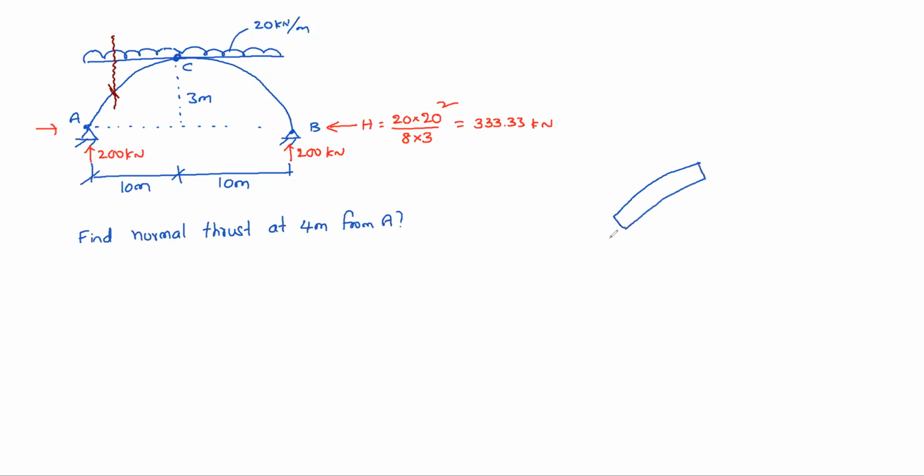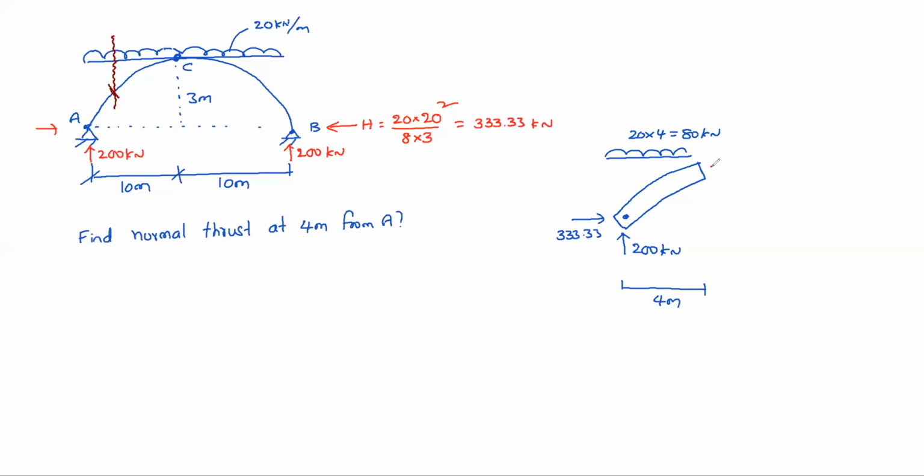For cutting like this, the reactions are like this: vertical reaction 200 kilonewtons, horizontal reaction 333.33, and UDL also there. This is only 4 meters, so UDL on 4 meters, 20 into 4, equals 80 kilonewtons.